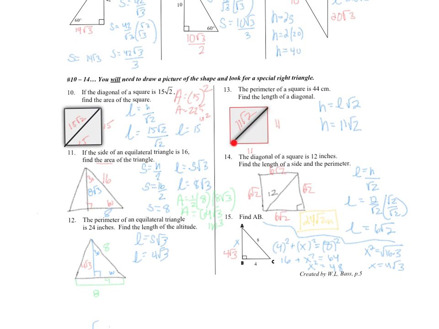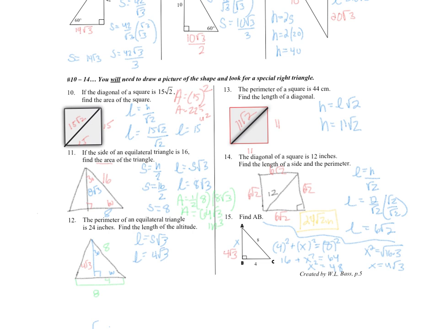So if this is a diagonal of a square, that means this is 45, this is 45, this is 90. If these are our legs, to find the hypotenuse, we just take the leg times the square root of 2. And so this is going to be our hypotenuse, which is the length of the diagonal. So right there is what we were looking for.